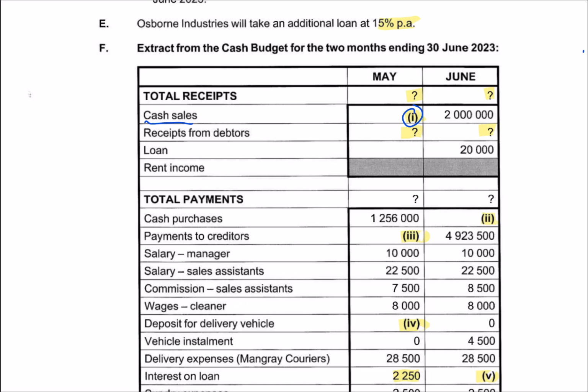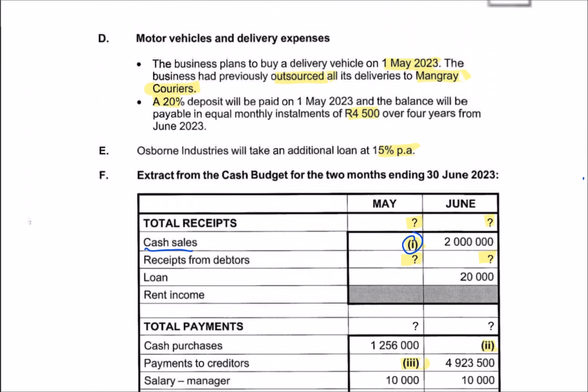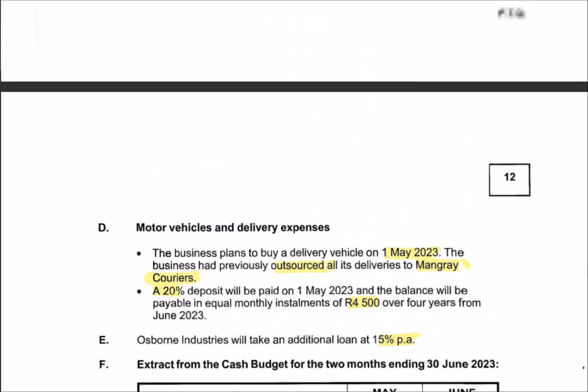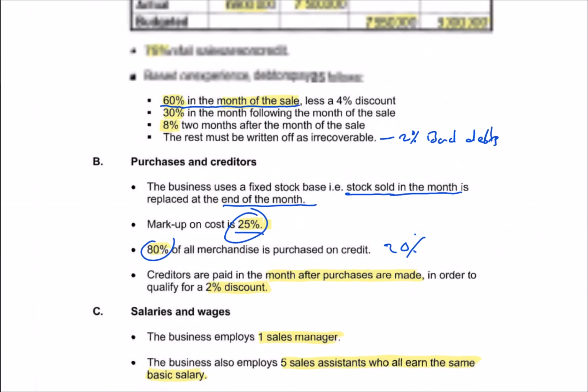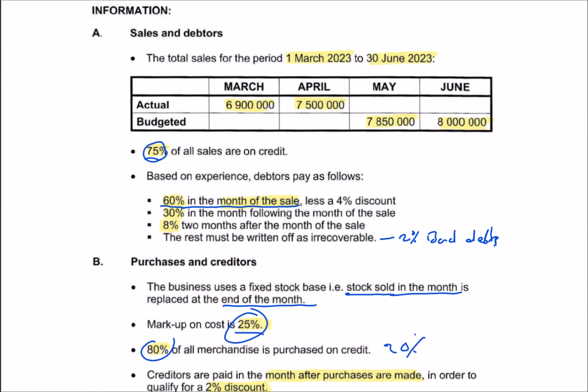So let's calculate first how much was purchased in April on credit. It's the same concept, we're using exactly the same thing. We have April purchases of 7,500,000, and we need to calculate the cost that needs to be replaced.